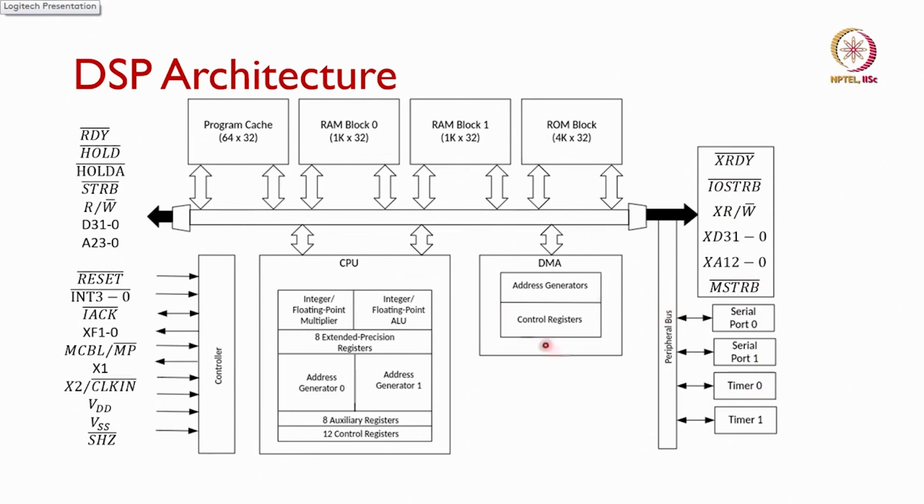And then, like any other microprocessor, 8085, you would have studied, I have the DMA controller which will be generating address generator and control registers. So, directly I will be able to take from the memory and then load into the hardware.